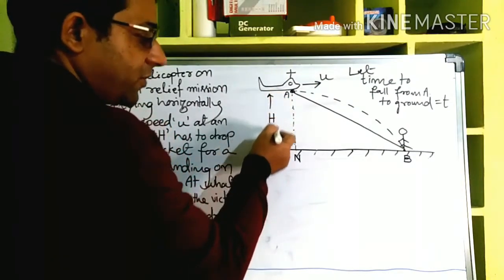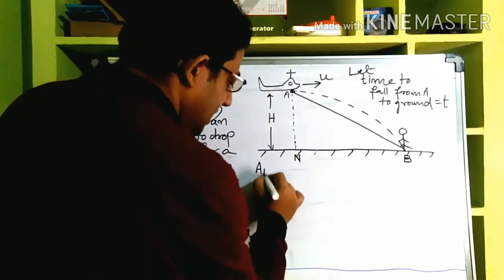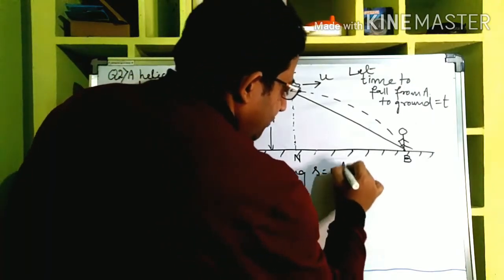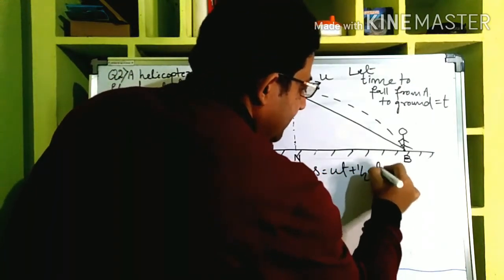We can find out from S is equal to ut plus half at square. Applying S is equal to ut plus half at square.